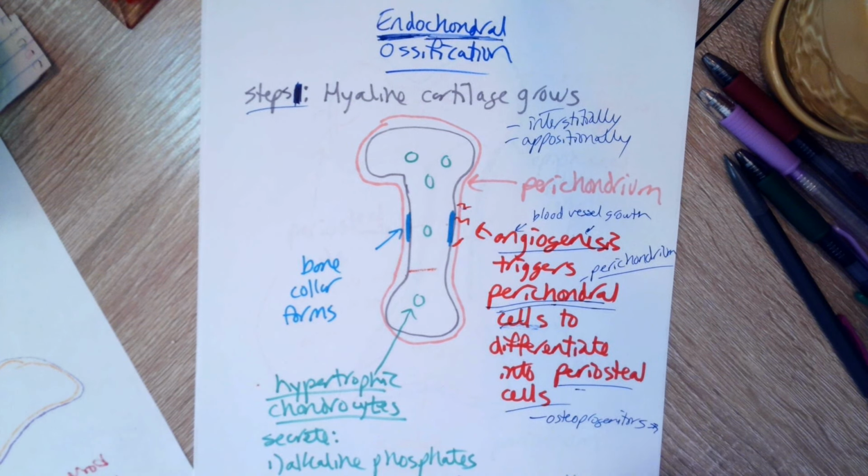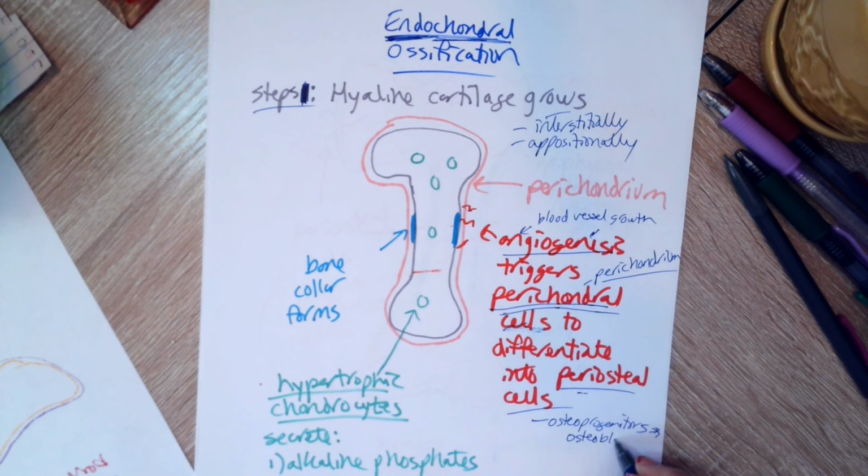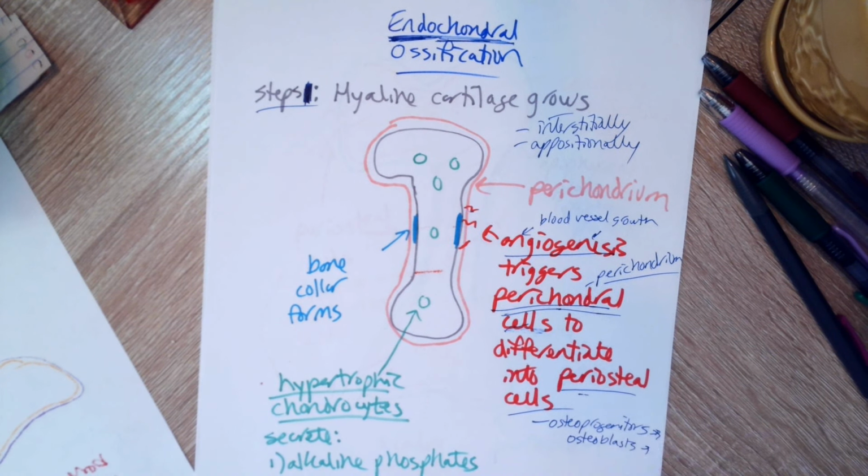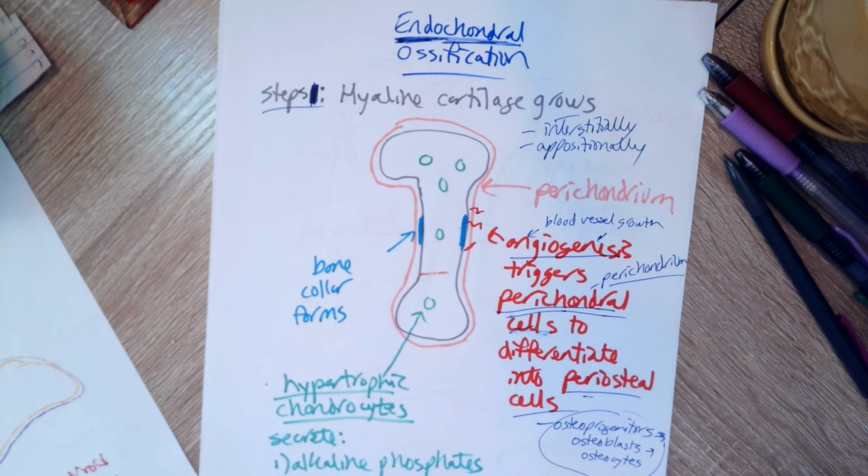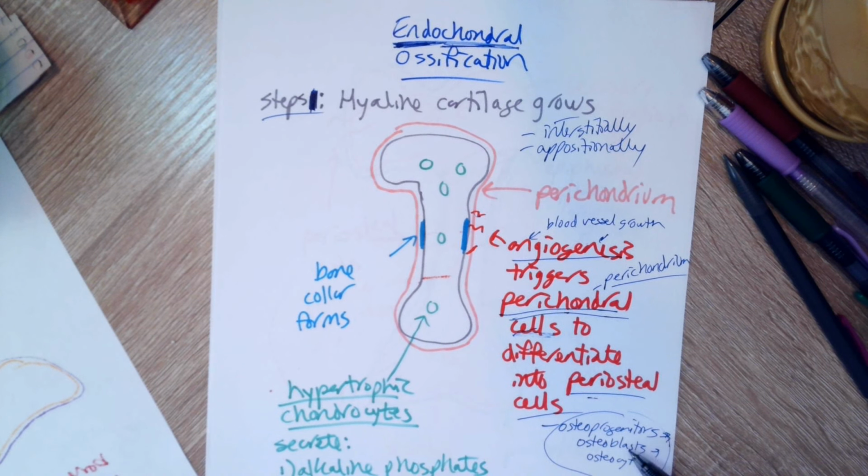Okay, sorry about that. So the osteoprogenitors are going to turn into osteoblasts, like we've said before, and they will turn into osteocytes. So every time you see that happening, we're going to have that process going on. So what are these osteoprogenitors turning into osteoblasts, turning into osteocytes? What are they creating? They're creating a bone collar right under the now forming periosteum.